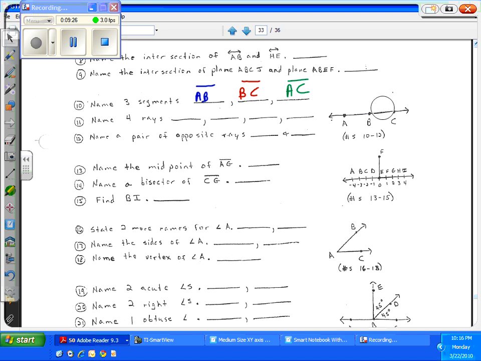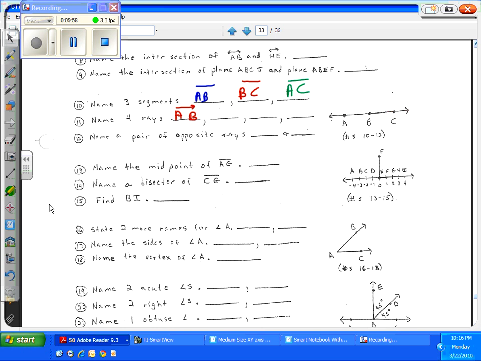Name 4 rays. Now, ray A this way would be the part of line AB that starts at point A and goes indefinitely to the right, and you could name that ray going infinitely to the right by using the second letter as B or the second letter as C. So you could call that ray AB, or ray AC.